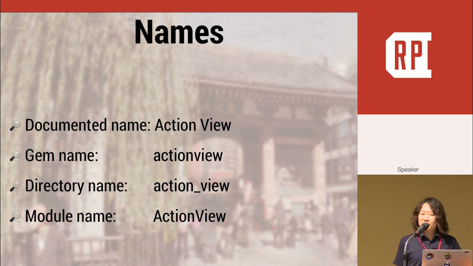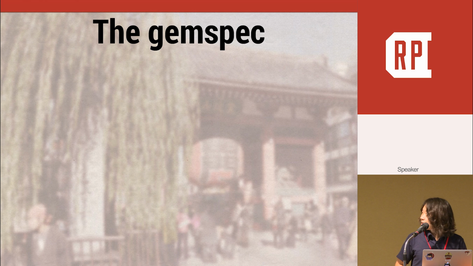The library is usually documented as Action View, but the gem name is actually ActionView, and it's placed in a directory named action_view, and then it defines a module named ActionView for, I think, some historical reason. This is weird. Anyway, let's take a look at the gem spec.